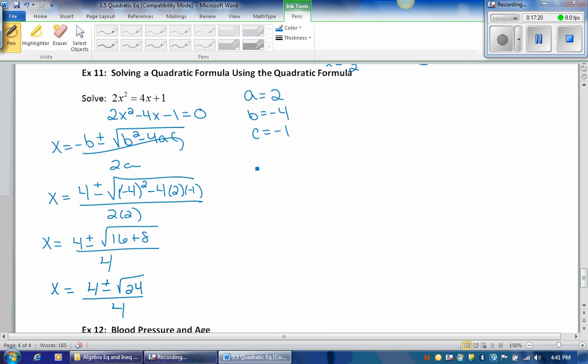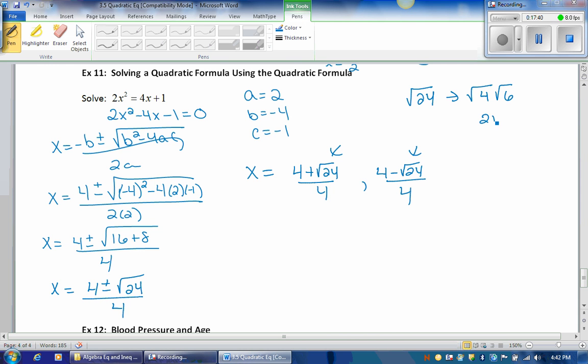Okay, so we have two solutions, 4 plus radical 24 over 4 and 4 minus radical 24 over 4. Now if you remember from doing radicals, this can be simplified. We can simplify the square root of 24 into 4 and 6, or 2 square roots of 6.